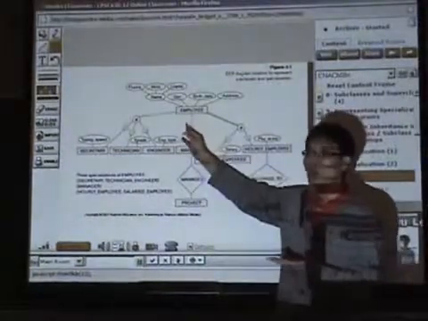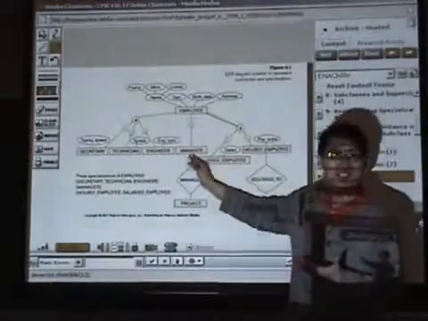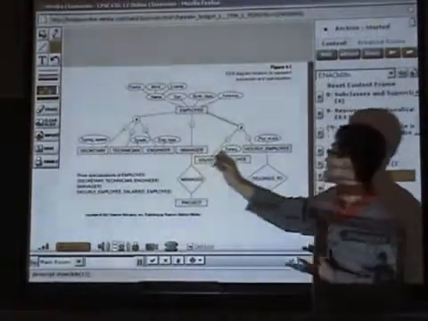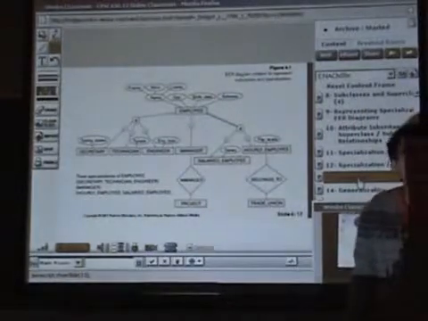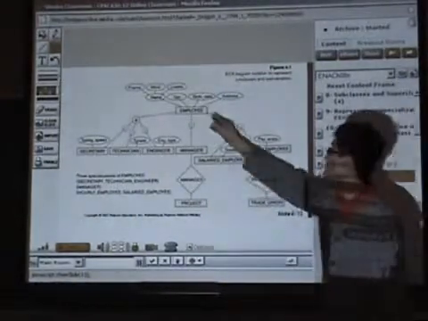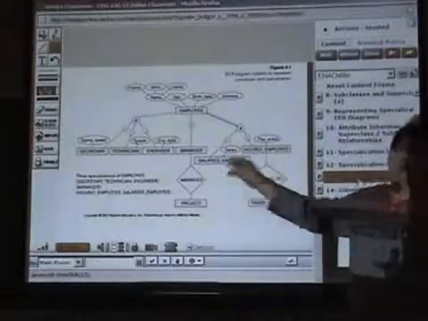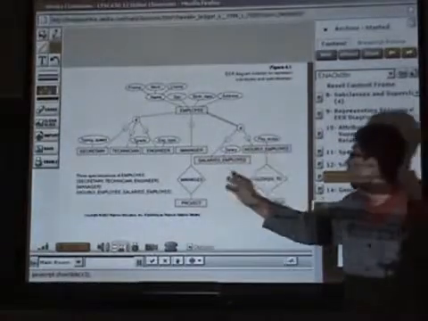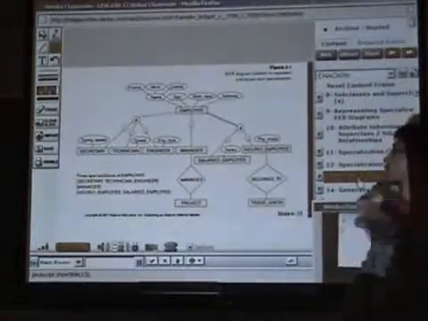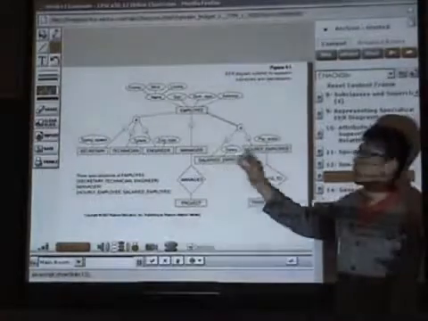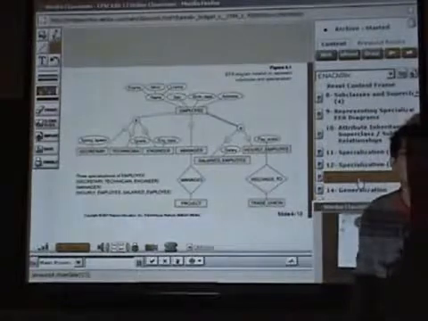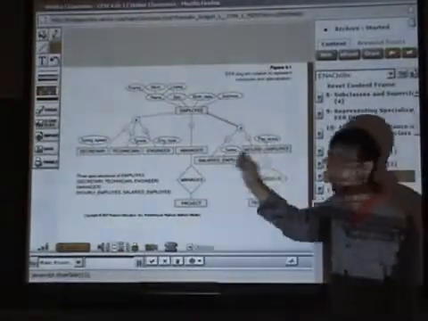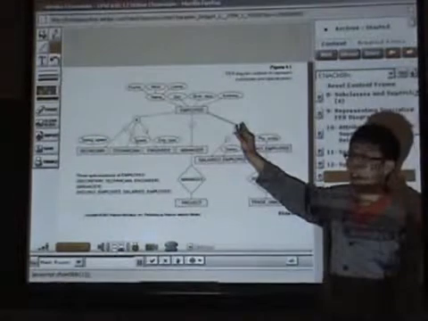Actually, there is no disjoint or overlap because it has only one. Okay, what about this? It's a full participation, which means an employee should be either hourly or salaried. Also, does it allow overlap, which means both salaried and hourly? No, it should be one of these. It's disjoint.